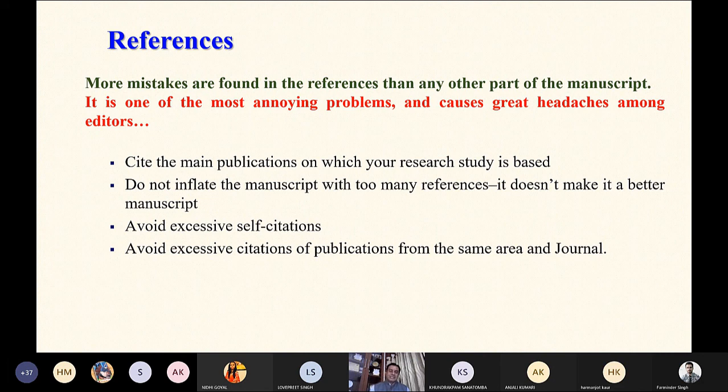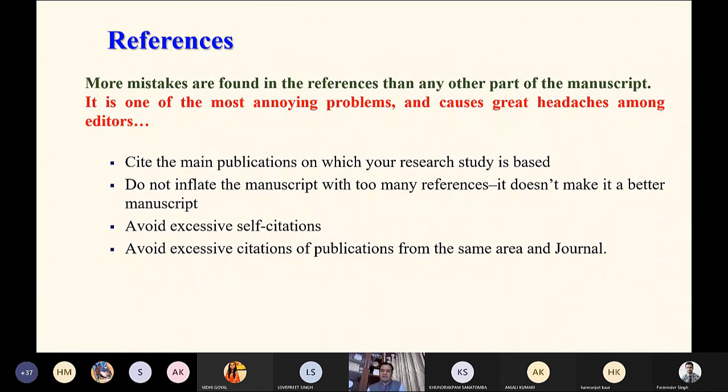In this section, we have to include only those references that are directly related to the study that we are going to conduct. We should not include too many references just to increase the number of references.